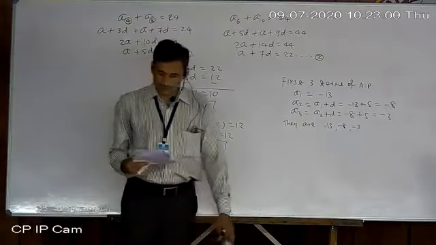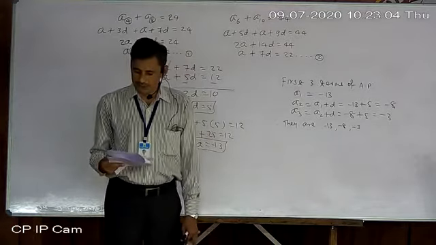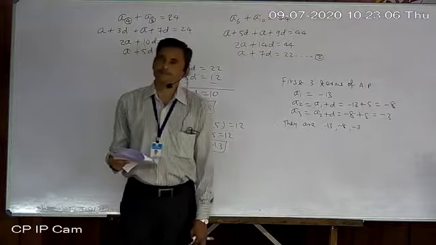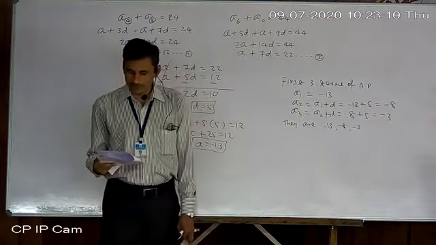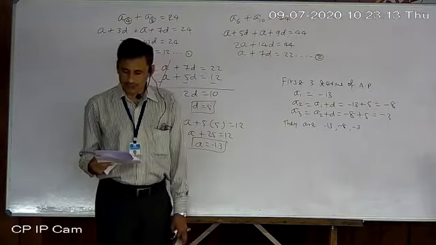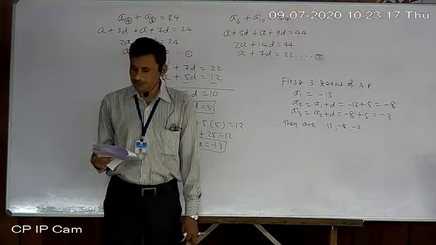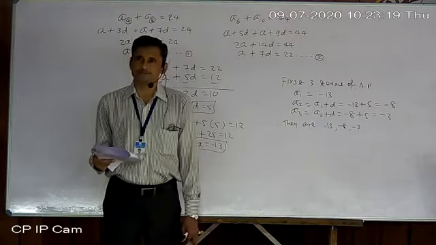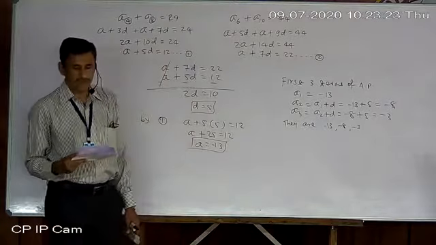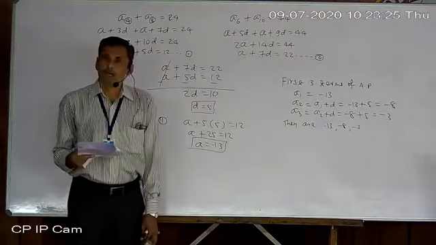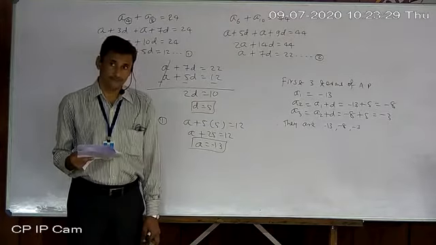Subbarao started work in 1995 at an annual salary of rupees 5,000 and received an increment of rupees 200 each year. In which year did his income reach rupees 7,000? So obviously, the first term will be 5,000 and the second term value is 5,200.